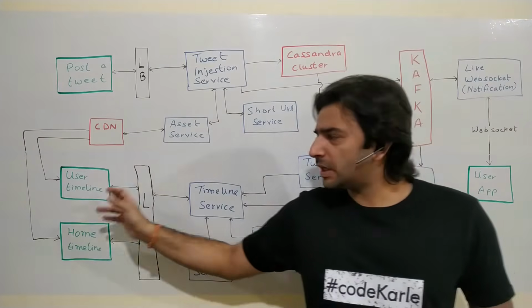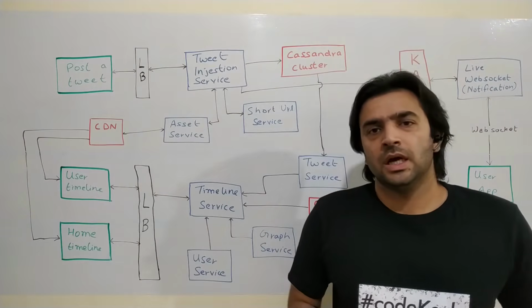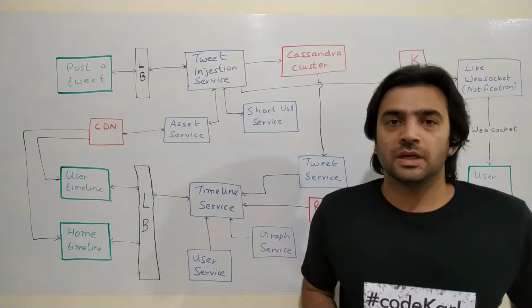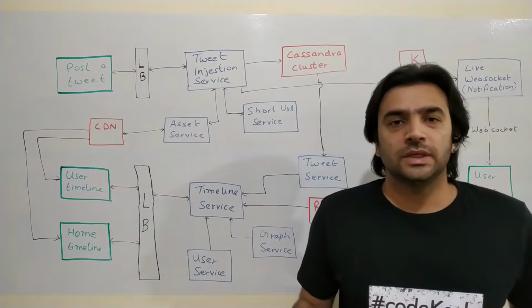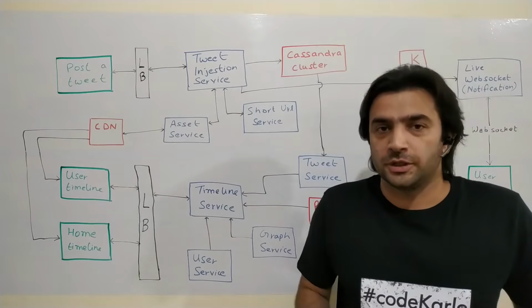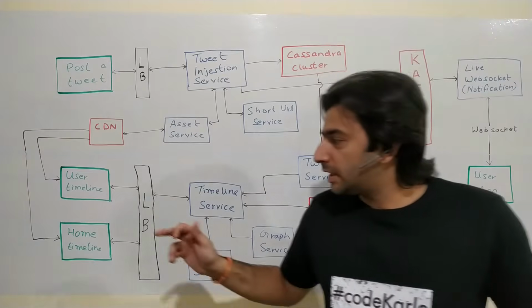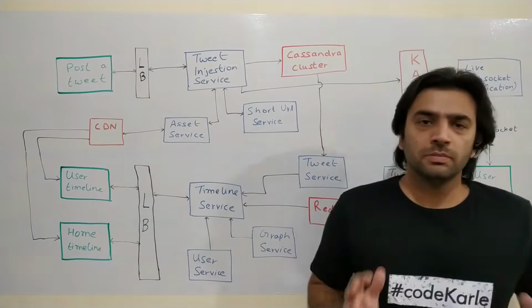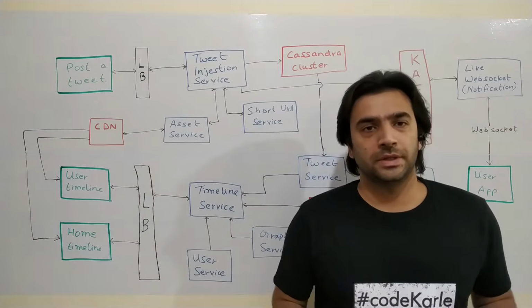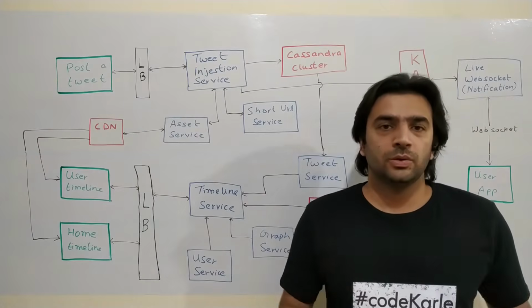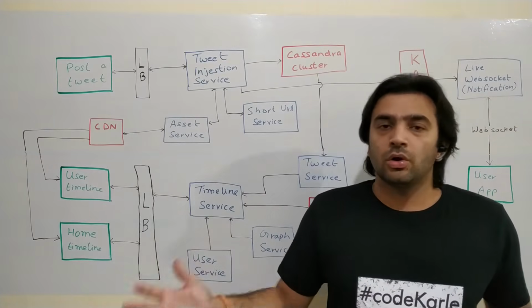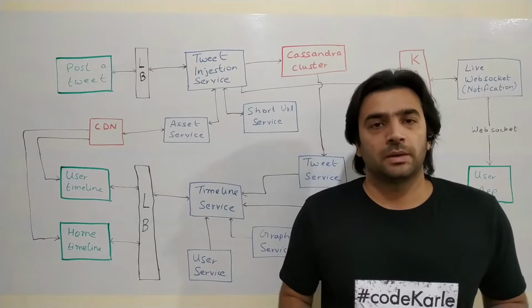Now, user timeline is basically your own timeline. This contains all the tweets and all the retweets that you have posted. Then there's something called home timeline. Home timeline is what you see on your home page. So all the people that you are following, all their tweets will show up in your home timeline.